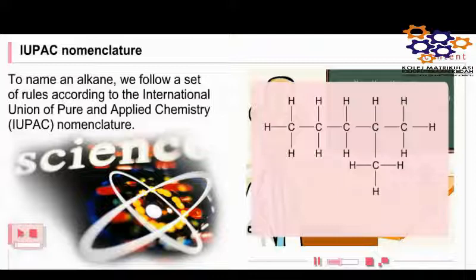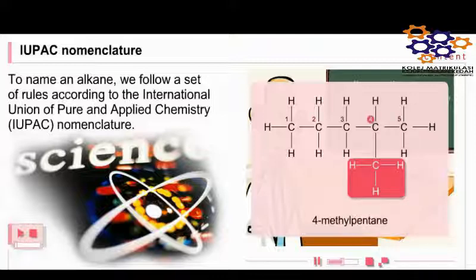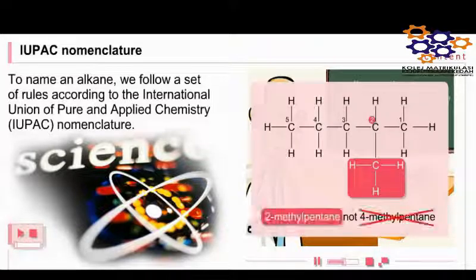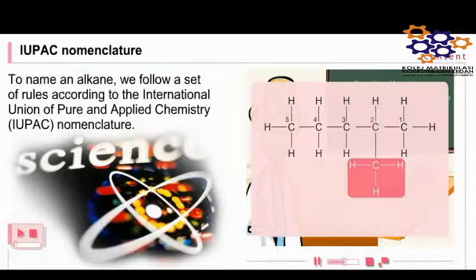Number the carbons in that longest straight chain, and if 2 numbers could describe the point of attachment, choose the smaller. In our example, numbering from the left-hand side gives the name 4-methylpentane, but numbering from the right-hand side gives 2-methylpentane. The correct IUPAC name, therefore, is 2-methylpentane.